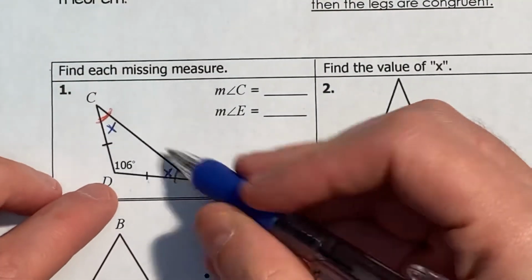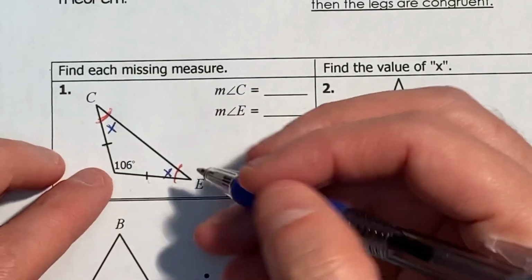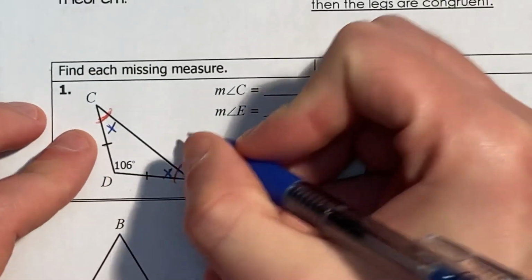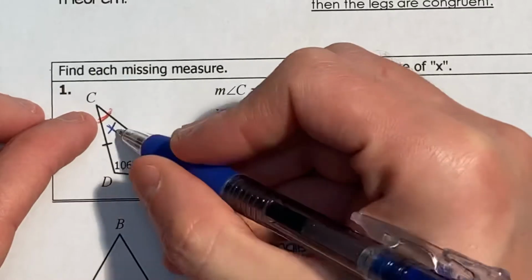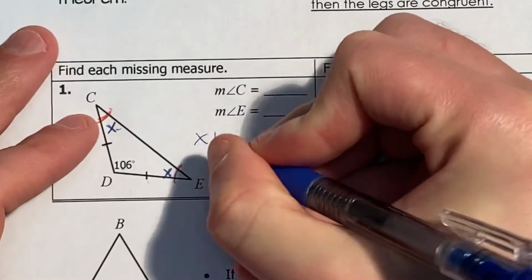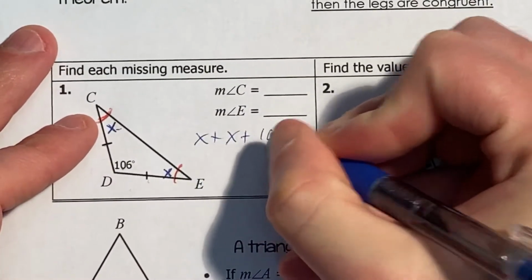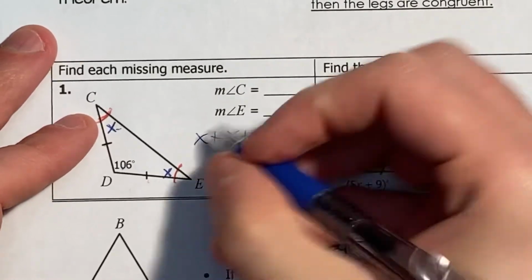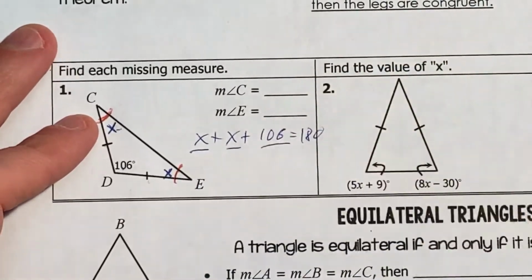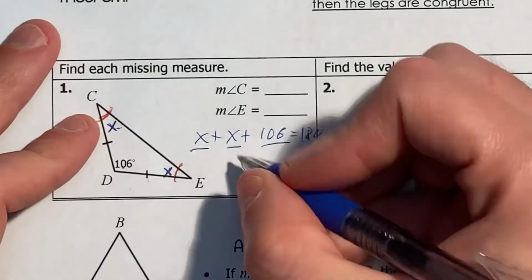They are the same x because they have to be the same, and you can set up the old-fashioned equation. All three angles added together is 180. So x plus 106 plus x equals 180, right? The three angles added together equal 180.